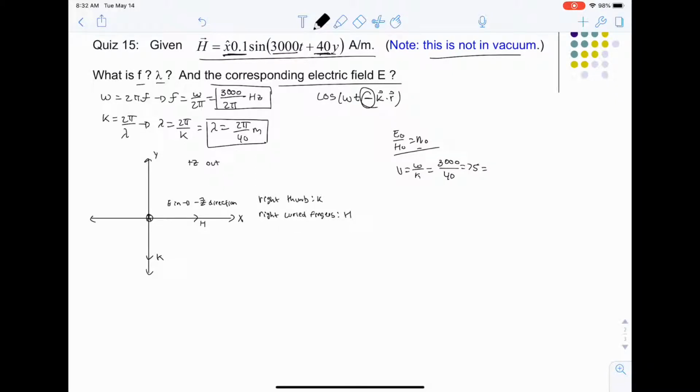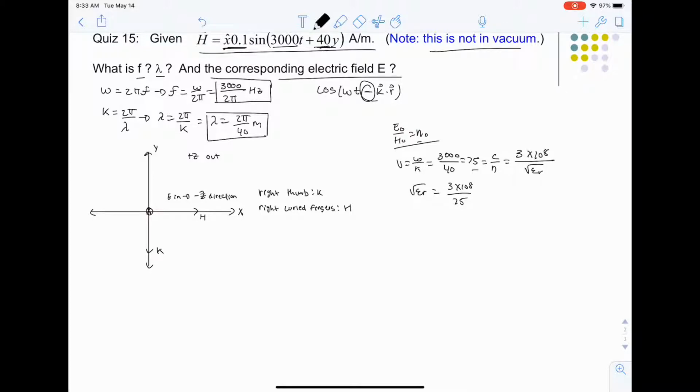And omega over k also equals c over n, where c is the speed of light and n is the index of refraction. We know that c equals 3 times 10 to the 8, and our index of refraction also equals square root of epsilon r. So square root of epsilon r equals 3 times 10 to the 8 over 75.